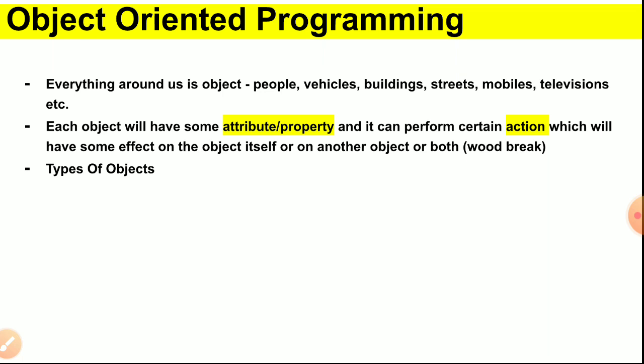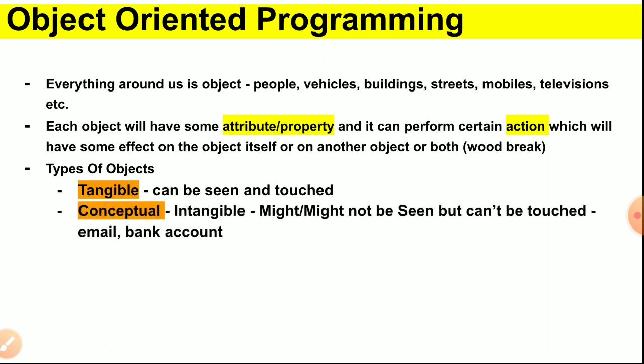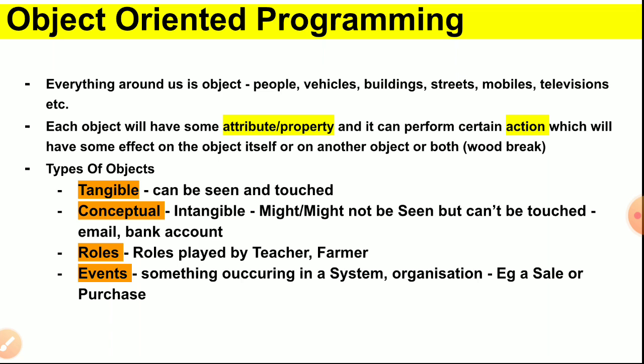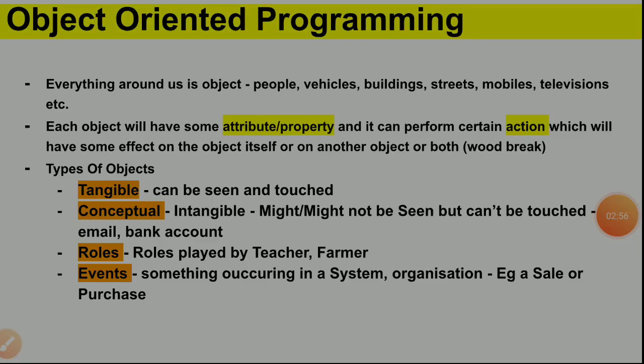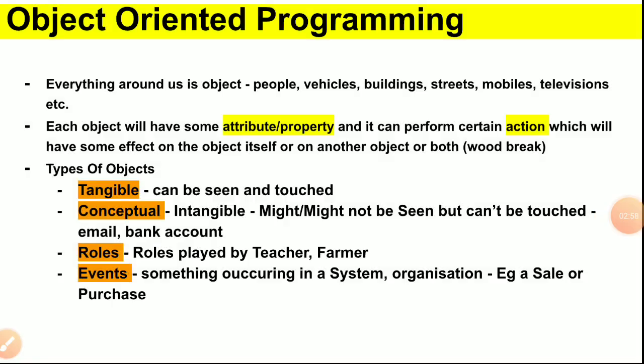Now there are two types of objects. They are tangible and intangible. And there are two more subcategories. They are roles and events. So let's see what is the meaning of tangible objects. Tangible objects means those objects which can be seen and touched.